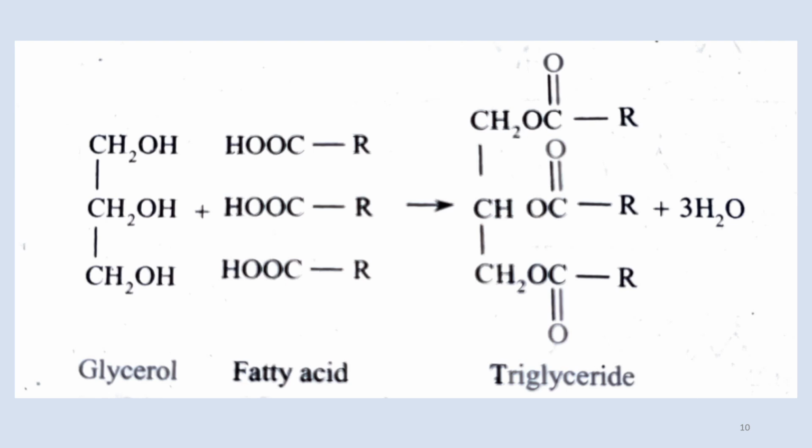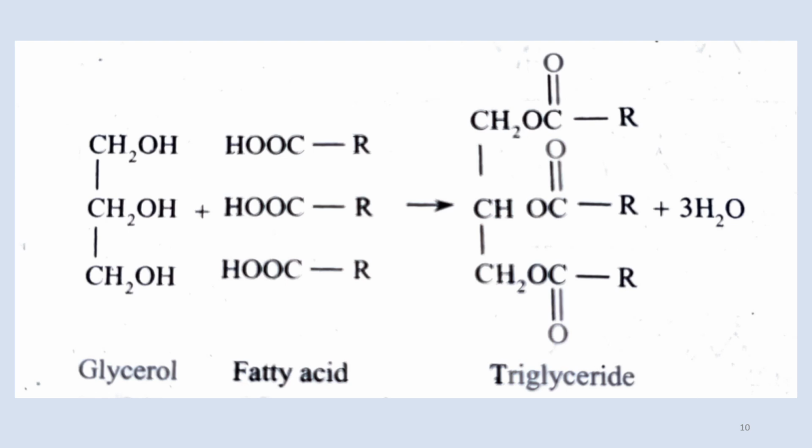So when you add an acid, there is immediate removal of a water molecule. You will get ROH plus RCOOH gives RCOOR. This is the structure. This is the ester: glycerol alcohol and fatty acid combine to form an ester, RCOOR, triglycerides, by removal of one water molecule.